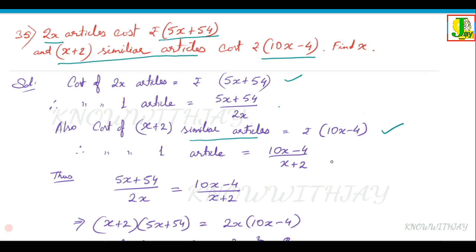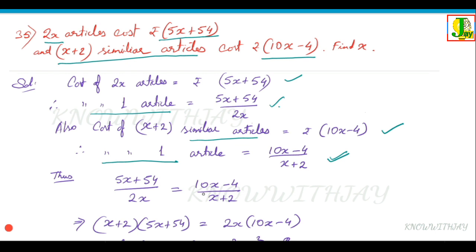Then in that case the cost of one article is this, but we know those are similar articles, so the cost of one article here and the cost of one article here has to be the same. So this expression and this expression are equal.